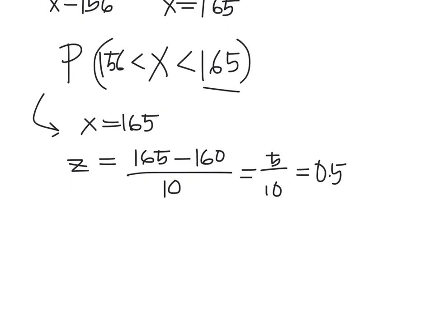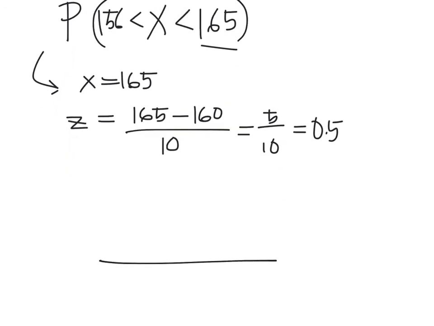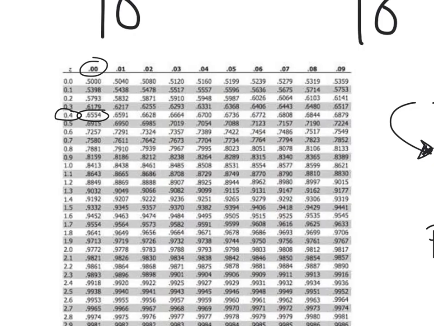The area to the left of 0.5 is taken, so if this is 1, this is 0.5. The area that we are considering is the area to the left of 0.5, and we can find that area by using the table.